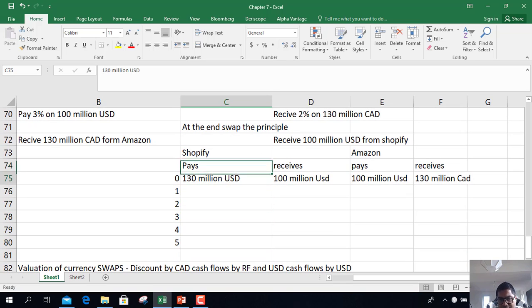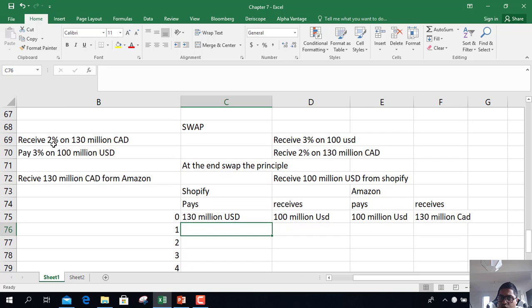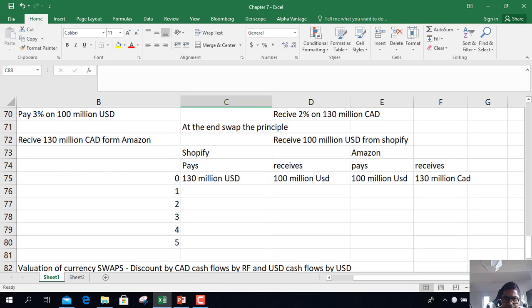So let's see what happens. In Year 1, Shopify will receive 2% on 130 million Canadian dollars. Receiving is positive.